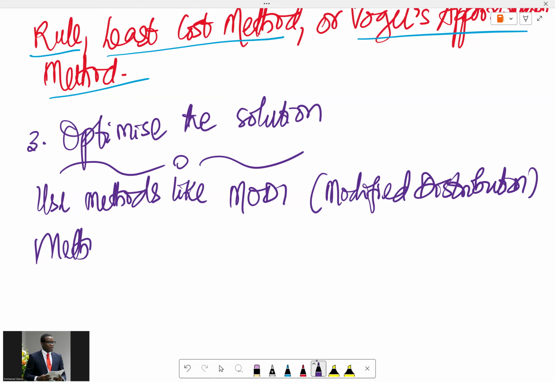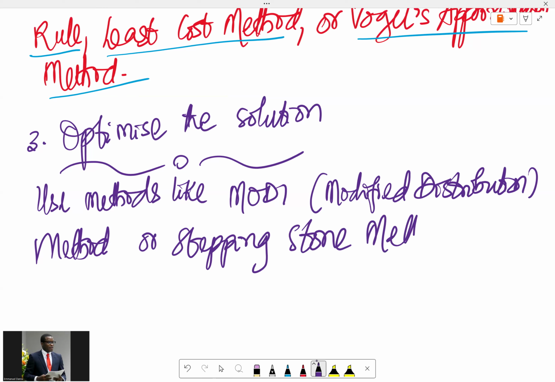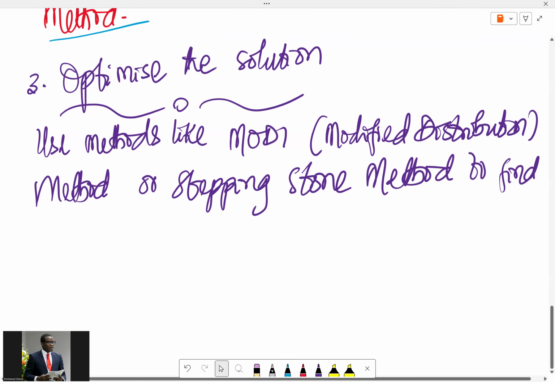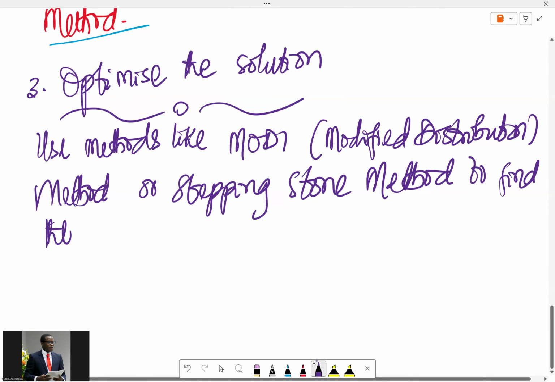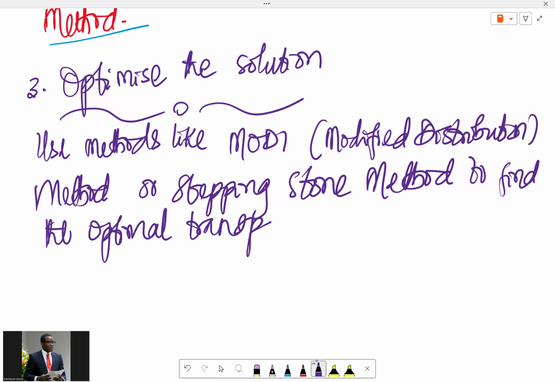Or there's also the stepping stone method. These are two methods. After you've got your initial solution using any of the three methods I've outlined, you can use Modi or the stepping stone method to check if the solution is optimal, and if it is not, to find the optimal transportation plan.